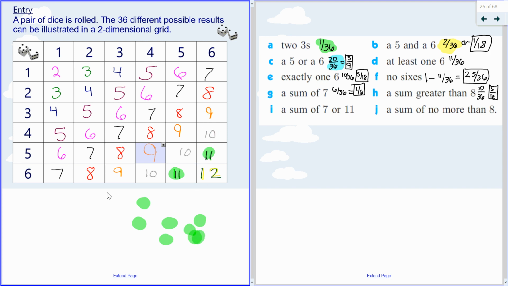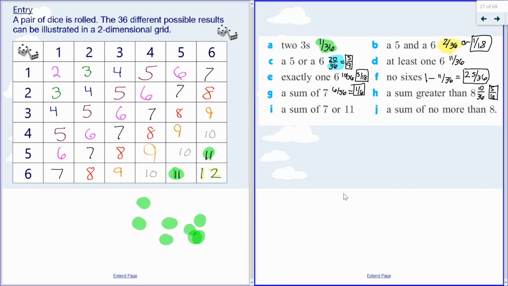So 6 sevens and 2 elevens, that's 8 that are either a 7 or an 11. 1, 2, 3, 4, 5, 6, 7, 8. So 8 are a 7 or 11. Divide that by 4, so that's 2/9. So if you're playing craps in Vegas, 2/9 chance, that's a 22% chance of rolling a 7 or 11.